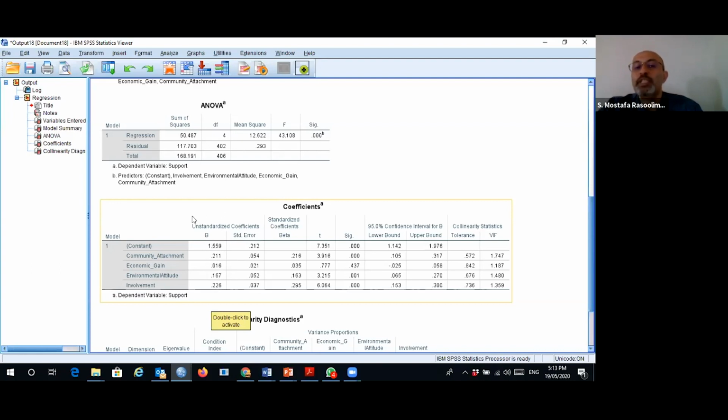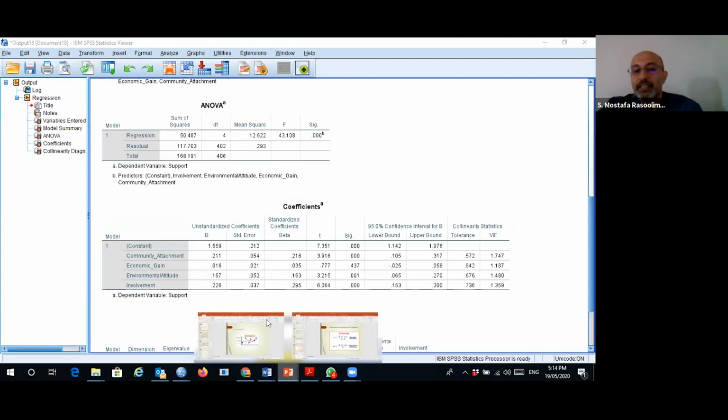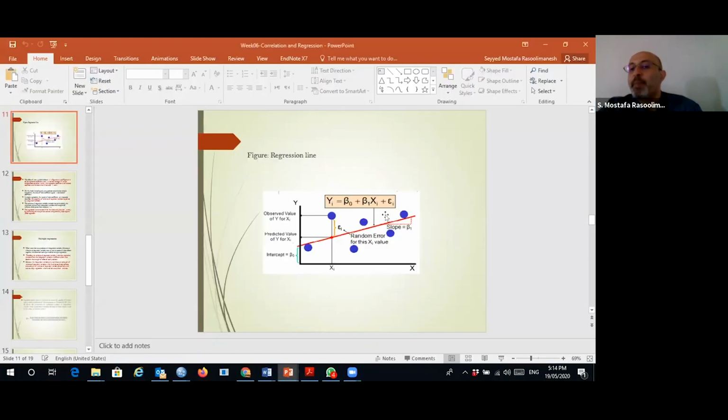But in addition to this beta, we have another beta that is more meaningful, useful and informative compared to this unstandardized beta. So the first one is unstandardized beta, exactly the same as this beta here. Beta 0, beta 1, beta 2, if we have x2, x3, x4.